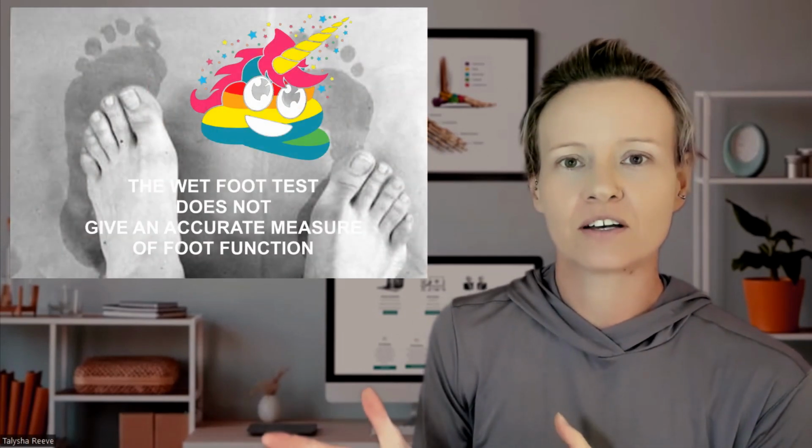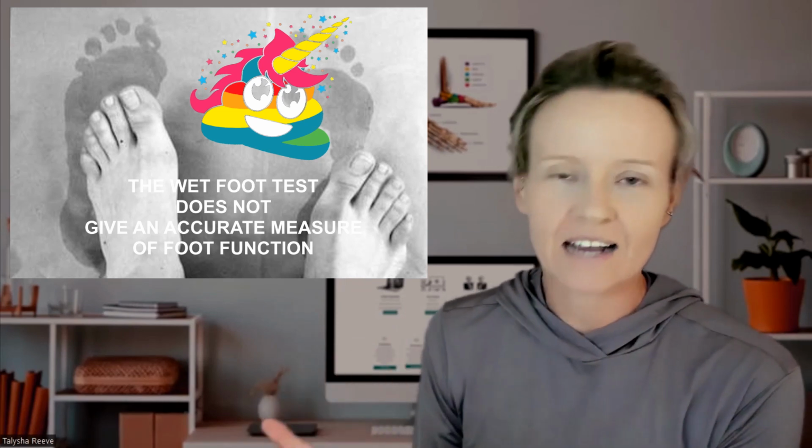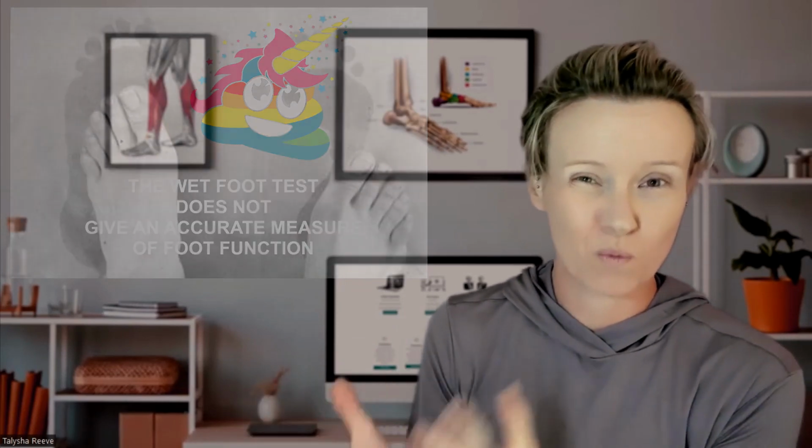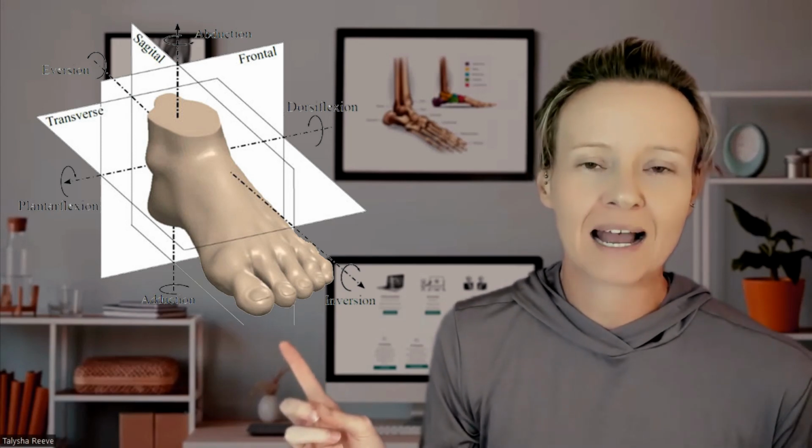Now, unlike other static measures, the foot posture index can actually give us some information regarding the degree or level that someone may have a pronated or supinated foot posture. This is because pronation and supination are what we call triplanar movements, so they occur on all 3 planes.